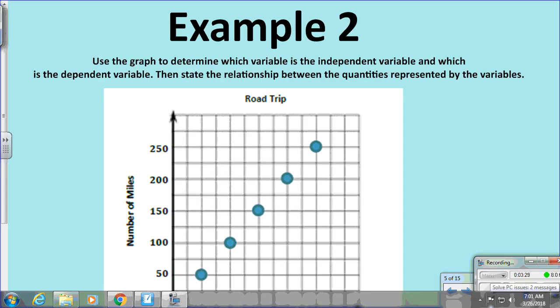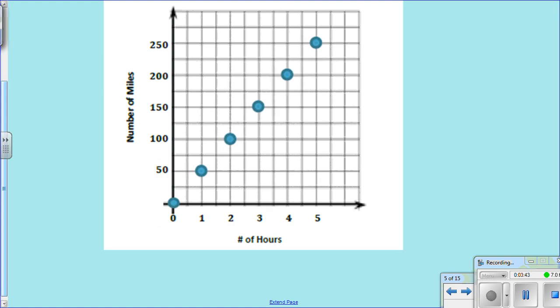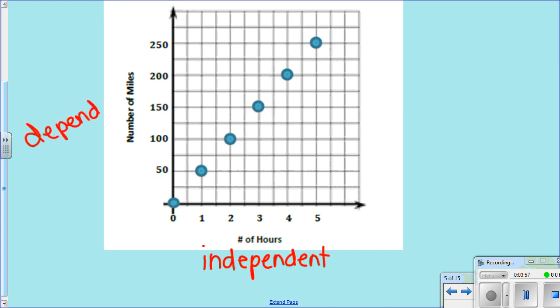Next example, use the graph to determine which variable is the independent variable and which is the dependent variable. Then state the relationship between the two quantities. Okay, so our x value is always going to be our independent variable, so the number of hours here is the independent variable, and this will make the number of miles the dependent.